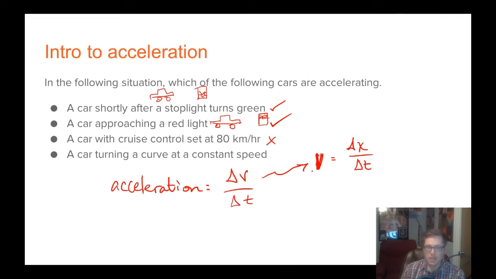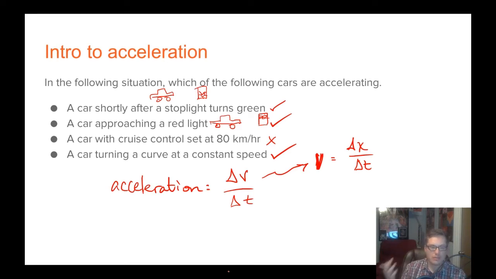Because velocity tells us not only how fast we're going, but in what direction we're going. Remember we talked about positive, negative, right? So if we change direction by turning around in a circle, that means our velocity has changed. That means our acceleration has to have changed, which means we have to have accelerated. So therefore, this is also accelerating.